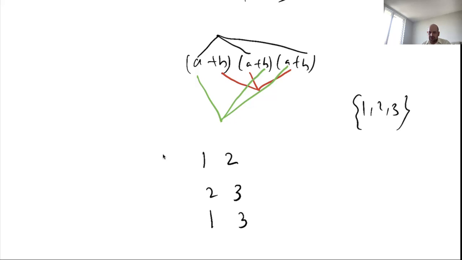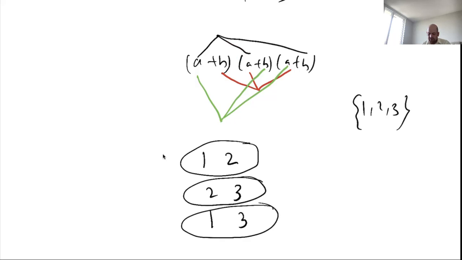How many ways do I have to choose 2 elements out of these 3 elements? One way is to choose 1 and 2, one way is to choose 2 and 3, one way is to choose 1 and 3. There are 3 ways to choose 2 elements out of these 3 elements. Either 1 and 2, or 2 and 3, or 1 and 3.